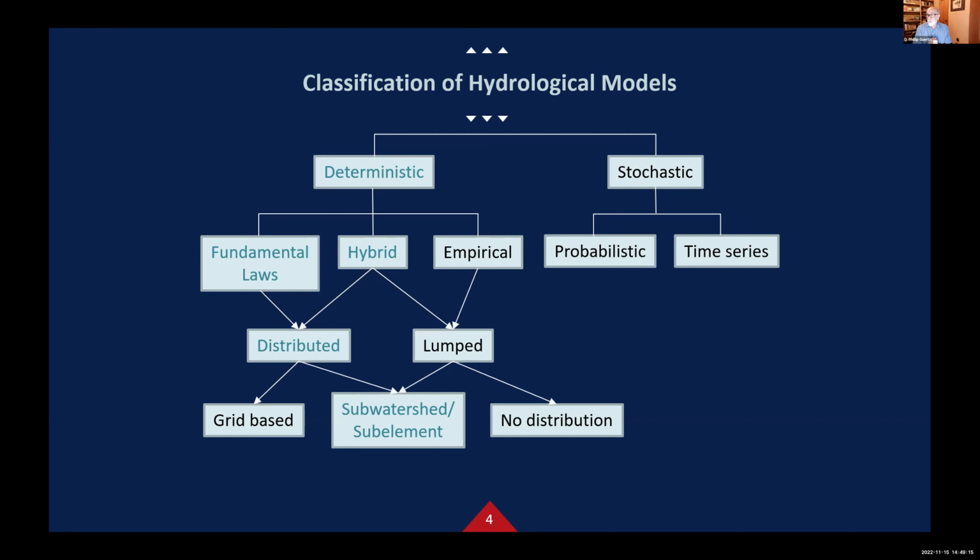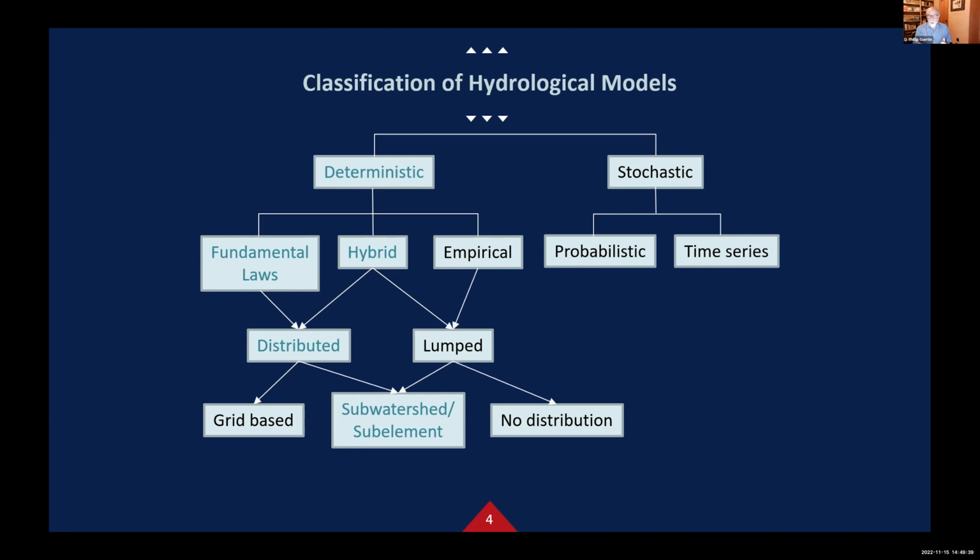So for a given input, you get the same output, just like a regression equation. Models can also be based on fundamental laws, which we call physically based models, or they can be empirical models. They're just based on the data, like a regression equation, or there's some hybrid in between, with some physical components as well as empirical components.